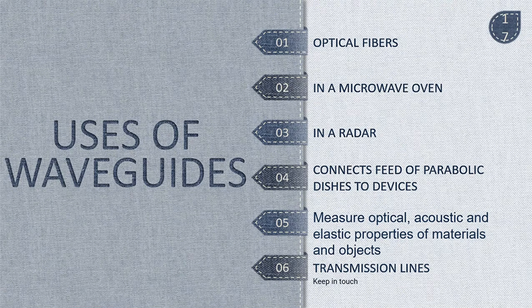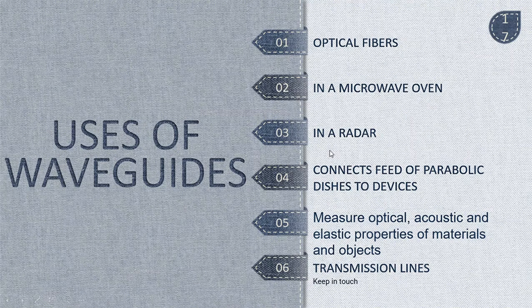First use is the optical fibers. It transmits light and signals for long distances with low attenuation and a wide usable range of wavelength. Next, in a microwave oven, a waveguide transfers power from the magnetron, where waves are formed, to the cooking chamber. In a radar, a waveguide transfers radio frequency energy to and from the antenna, where the impedance needs to be matched for efficient power transmission.